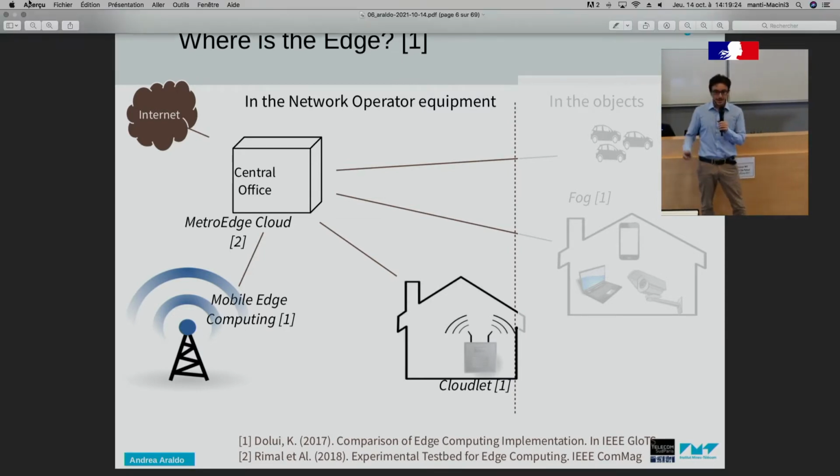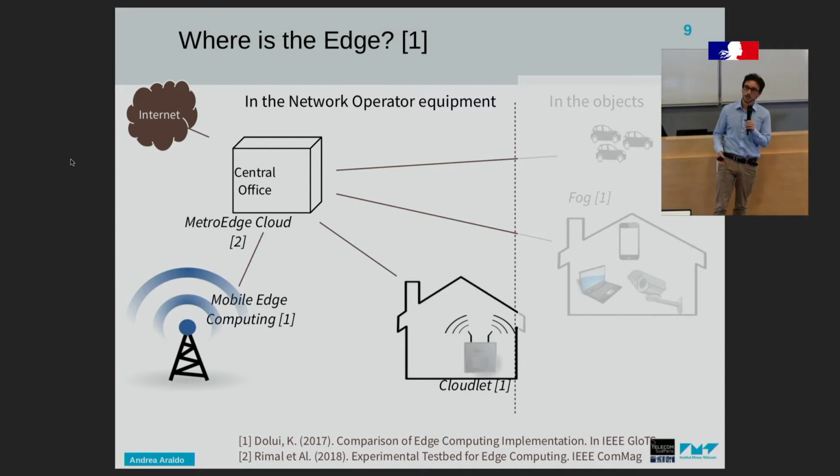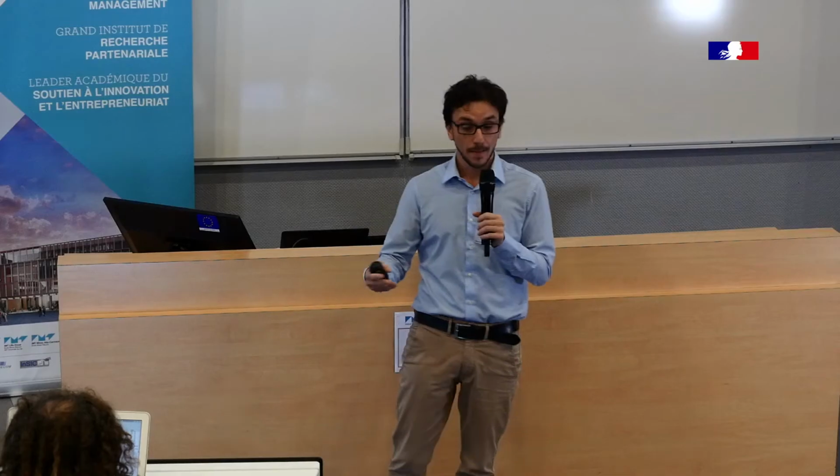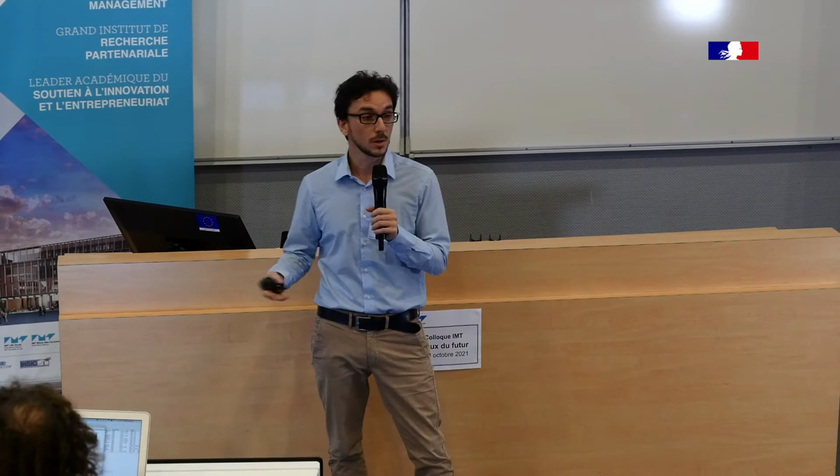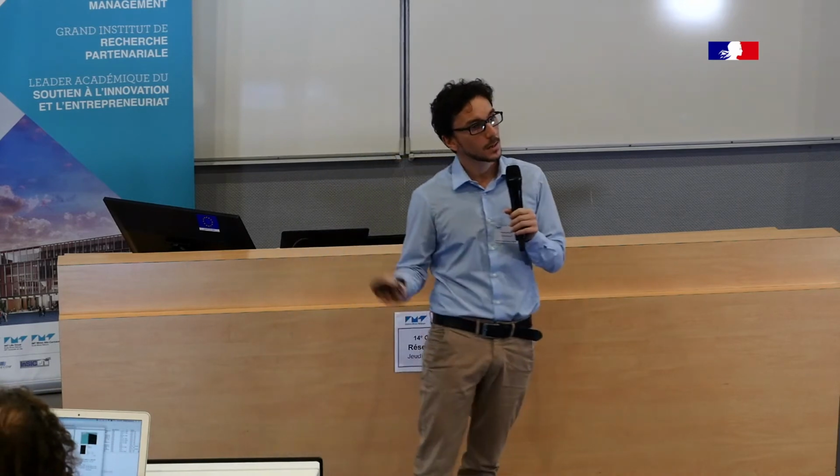Okay, so in these edge nodes, we can deploy computational resources like CPU, memory, RAM, and we can run a part of the services directly there, and users can consume the service directly from the edge.